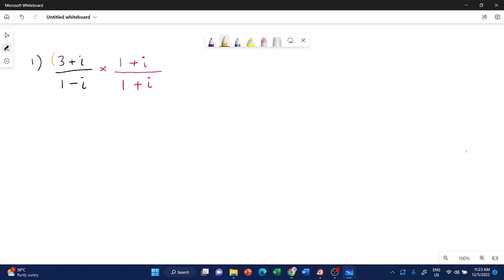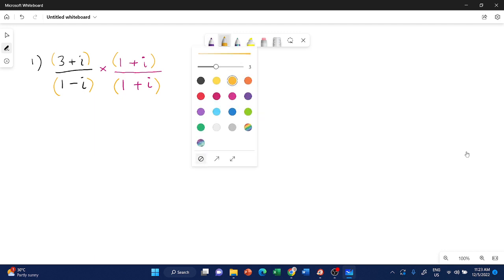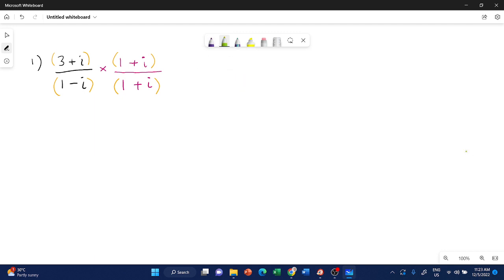Okay, so just do the bracket. Then to proceed, you're supposed to multiply. So bahagian atas akan darab dengan bahagian atas dan bahagian bawah akan darab dengan bahagian bawah. Then follow the multiplication.